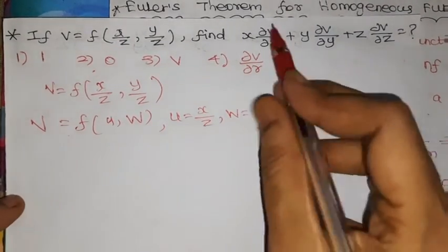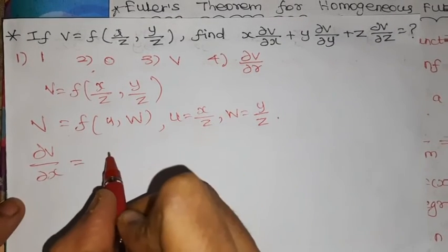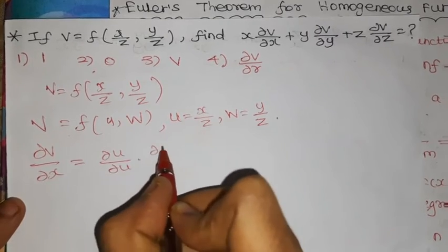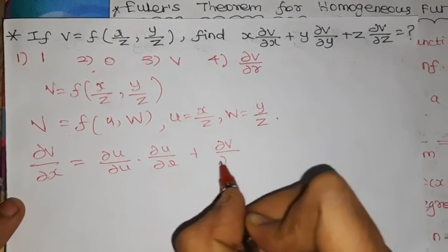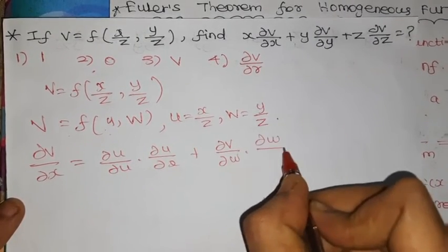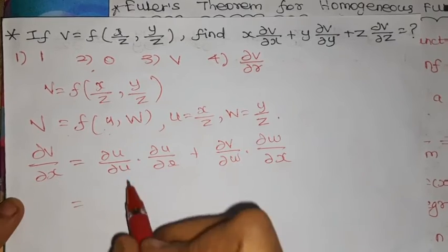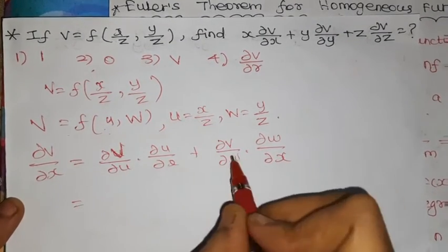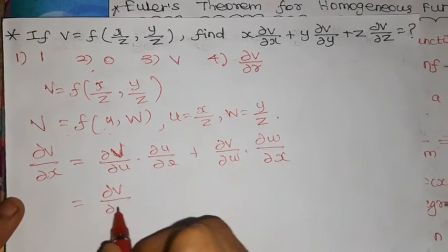Then ∂v/∂x. First we need to find ∂v/∂x. How can we find out? ∂v/∂u into ∂u/∂x plus ∂v/∂w into ∂w/∂x, as it is dependent on u and w now. So ∂v/∂u, keep as it is.